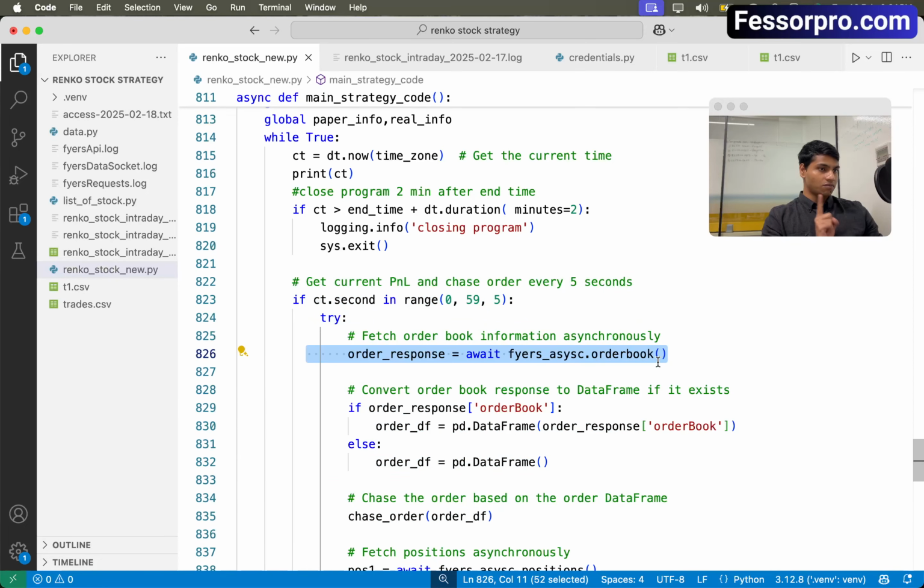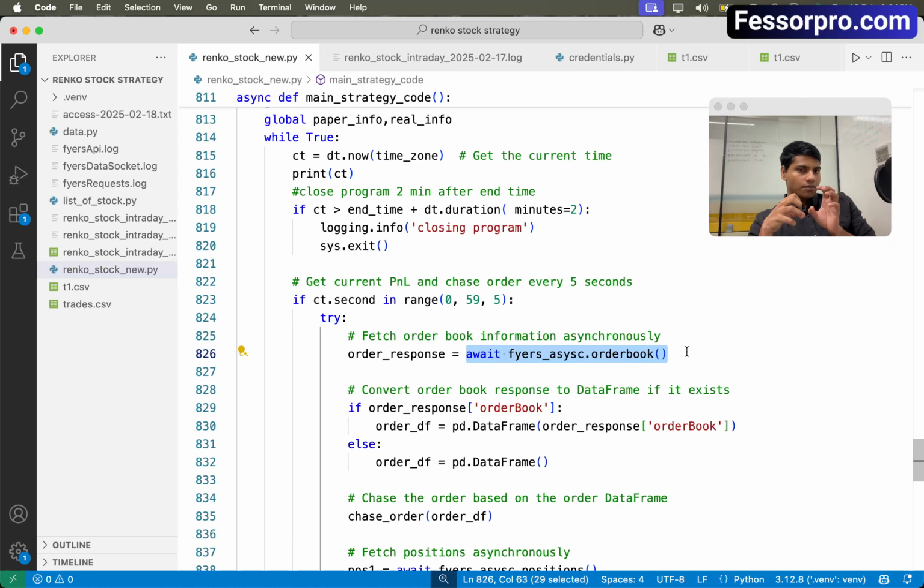And notice when I'm calling the order book, I'm calling it by using the fires async object, not a normal object. Because if you call any blocking function, that includes a delay. This is an asynchronous function, or you can say this is a coroutine. When you call a coroutine, it will take some time to send the request and receive the data.